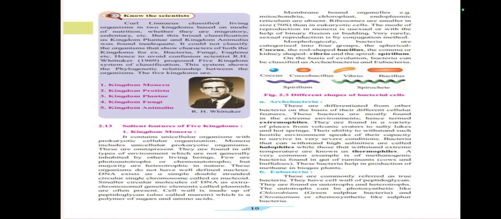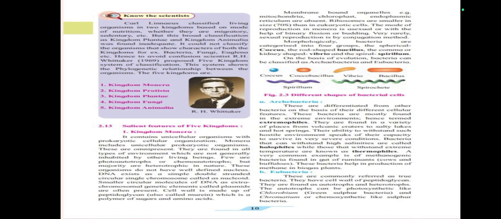DNA exists as a simple double stranded circular single chromosome called the nucleoid. Smaller circular molecules of DNA, as extra chromosomal genetic elements called plasmids, are often present.